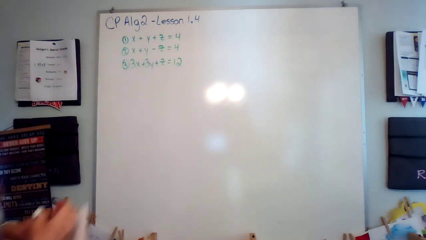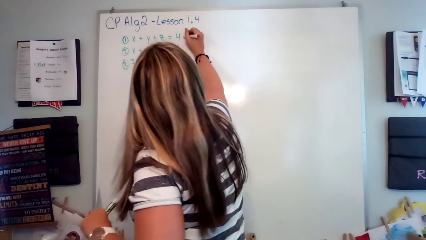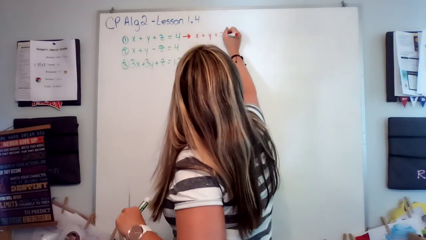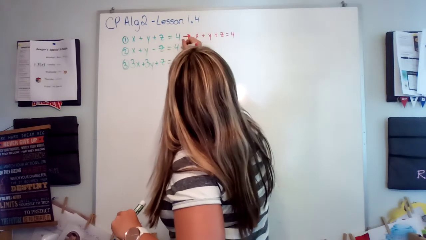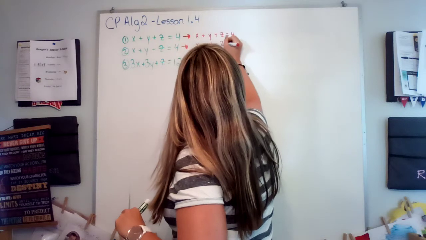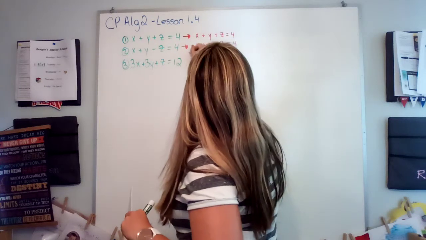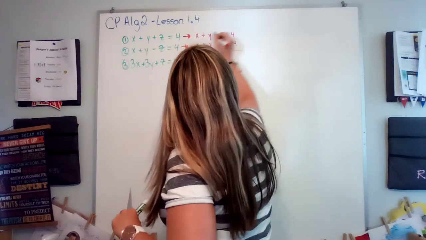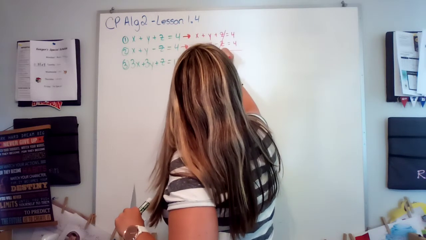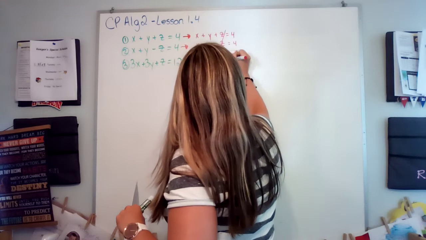Let me rewrite the equations one on top of the other. x plus y plus z equals 4, and x plus y minus z equals 4. Eliminate the z's, so I have 2x plus 2y equals 8.